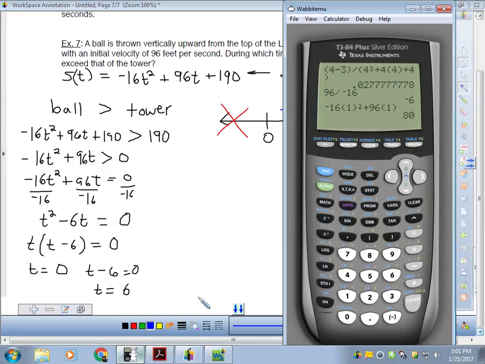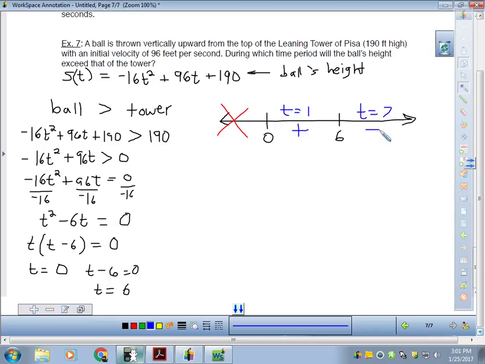And if we do 7, we have negative 16 times 7 squared plus 96 times 7. That gives us a negative 112. So we have a positive and a negative. We'll go back to your inequality. It was greater than 0, so that means you want a positive.